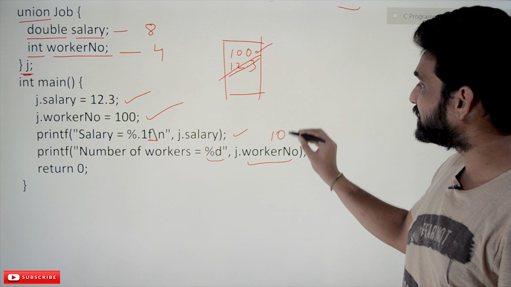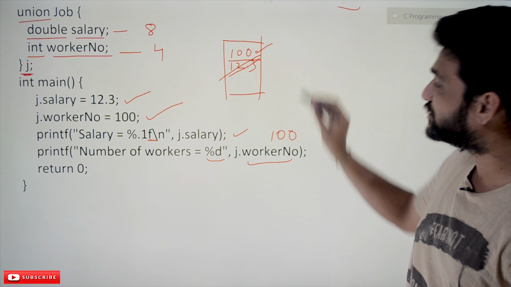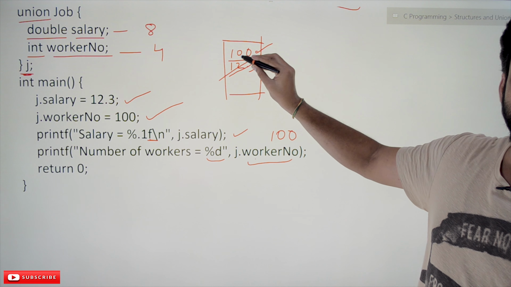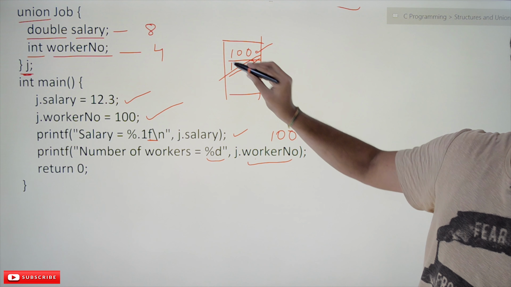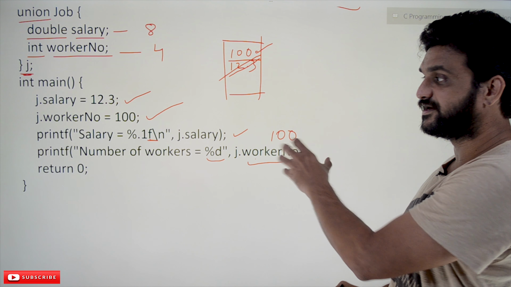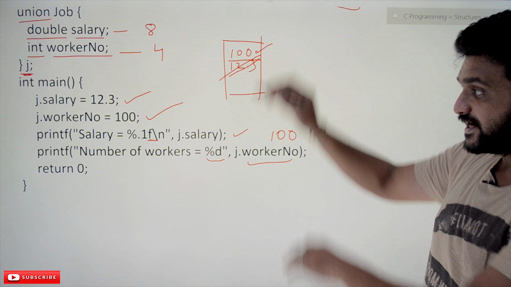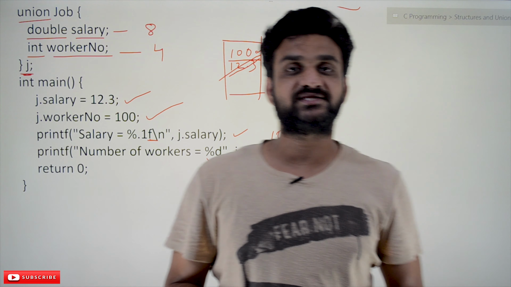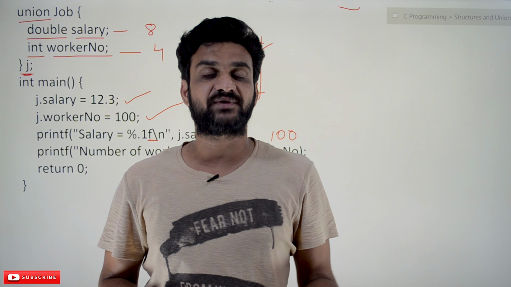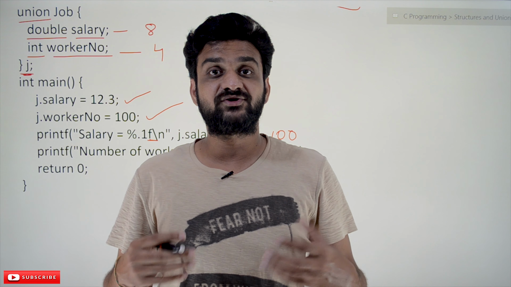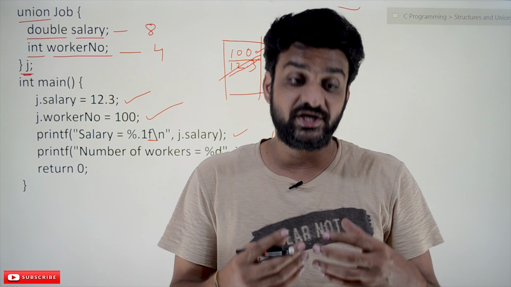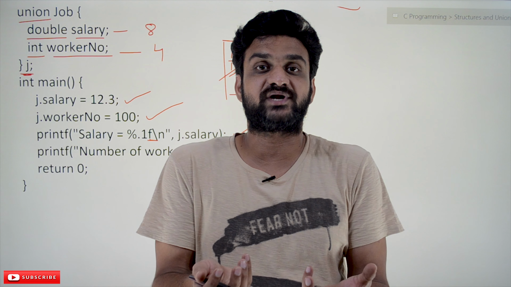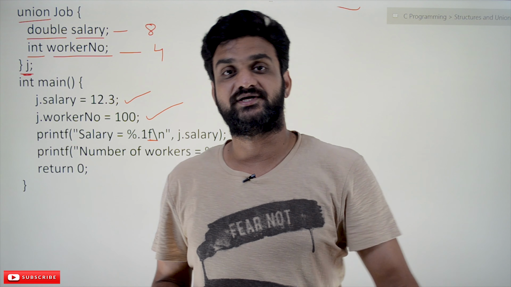It is going to print 100, because the value stored here is an integer value. So that integer value 100 will get printed in this program. This is the basic understanding of unions. In the next class, we'll take a bigger example and try to understand the benefits, and in what aspects of programming we can use unions.